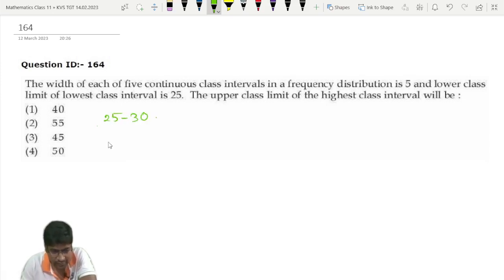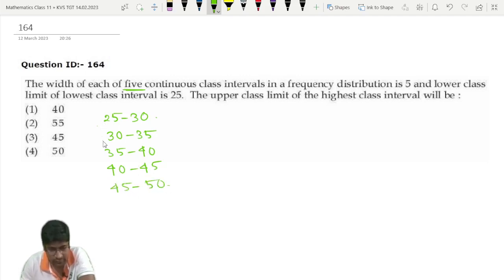This is the first class. The second class will be 30 to 35, then 35 to 40, then 40 to 45, and next 45 to 50.